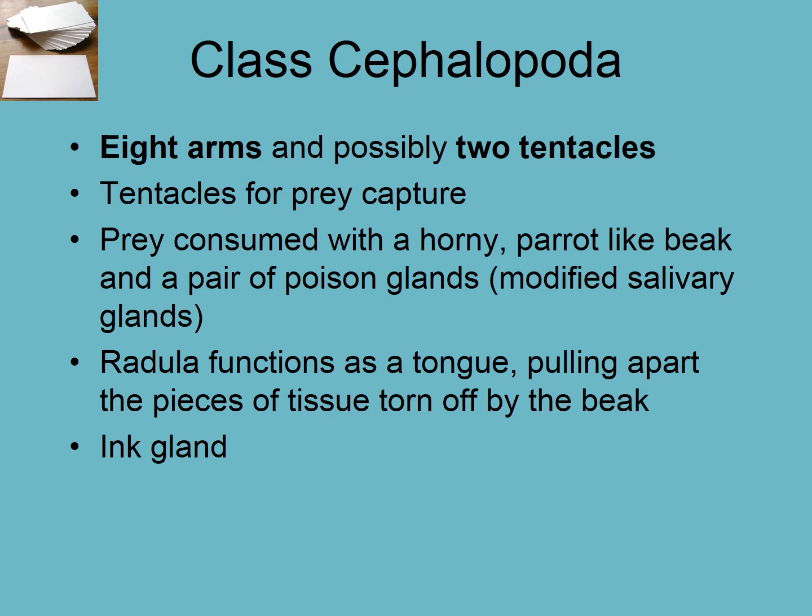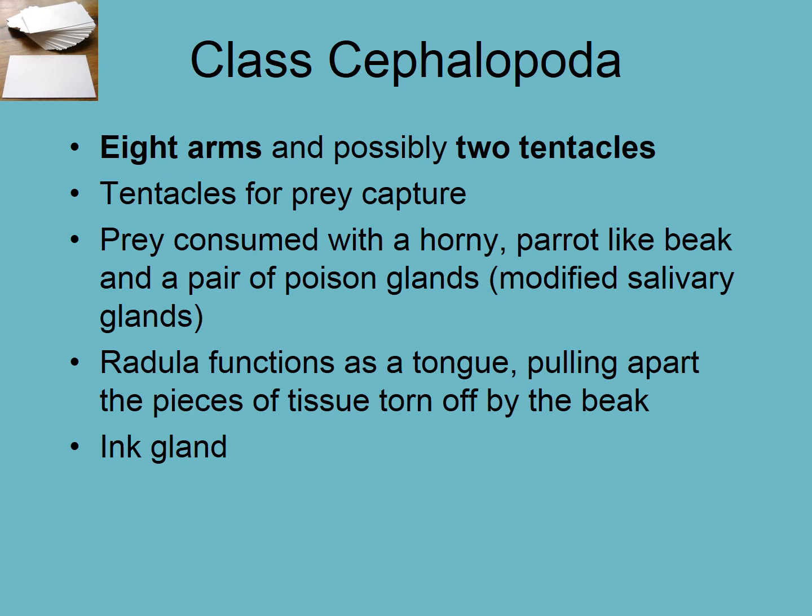So the arms and tentacles, or tentacles and arms, depending on what terminology you're using, are used for prey capture, and then they have a pair of poison glands.